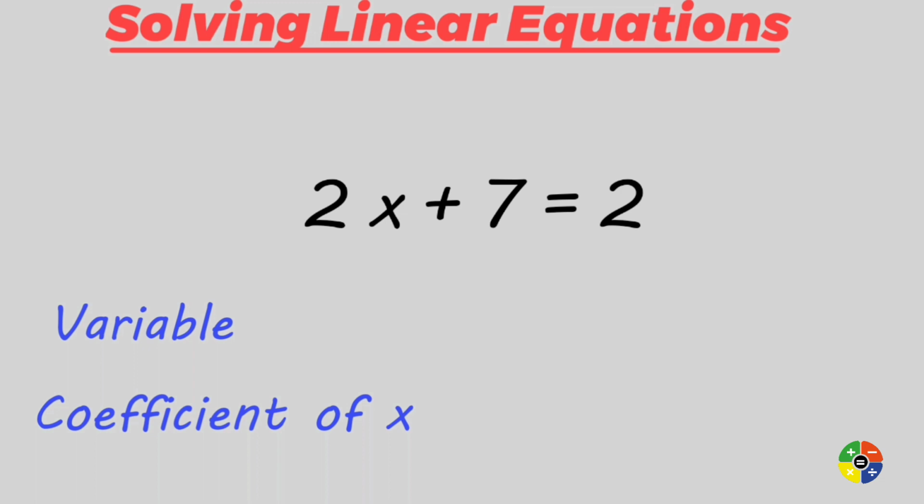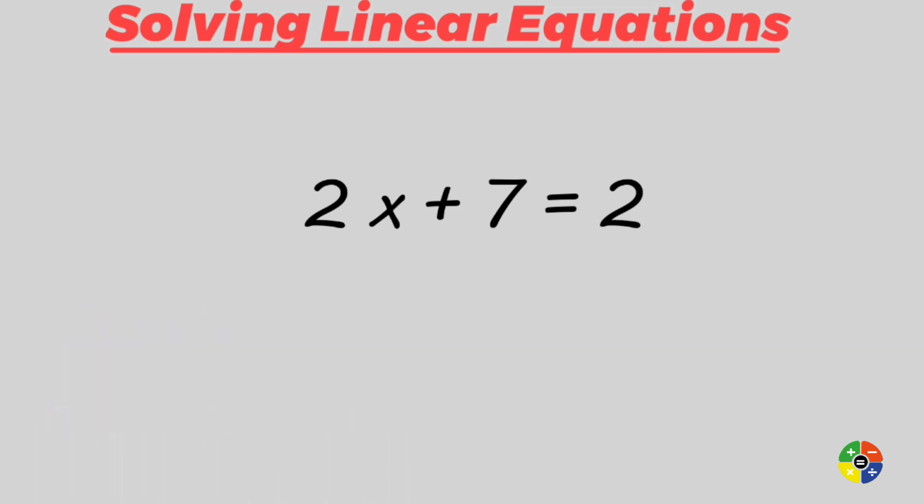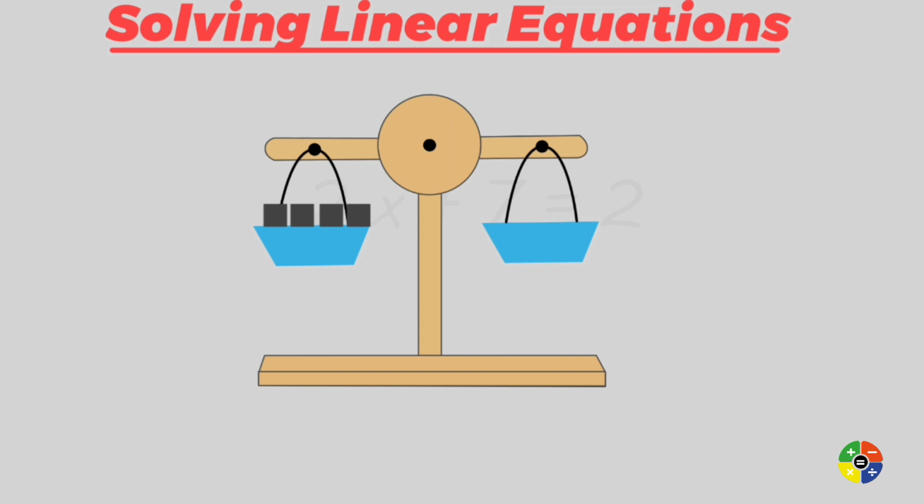To solve linear equations, we look for the value of the variable such that the left-hand side of the equation will equal the right-hand side, making sure that we maintain balance in the equation by performing the same operation on both sides of the equal sign. Consider the set of scales below.